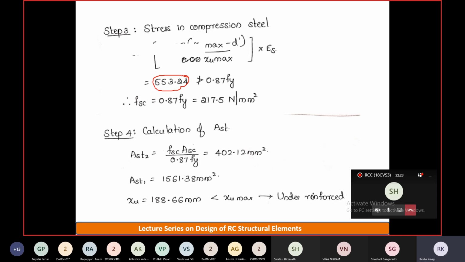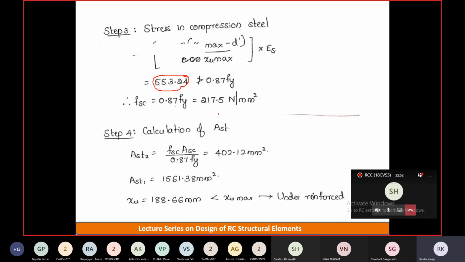But this value of FSC should never be greater than 0.87 Fy. So let's check whether this value of 553.24 is more or less or equal to 0.87 Fy. Let me calculate 0.87 Fy. It gives me around 217.5 Newton per mm square.